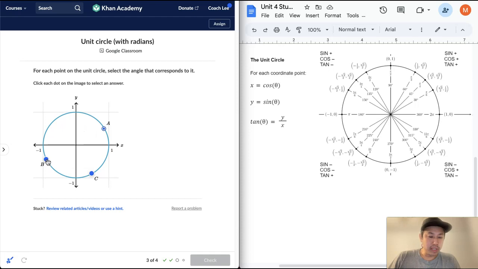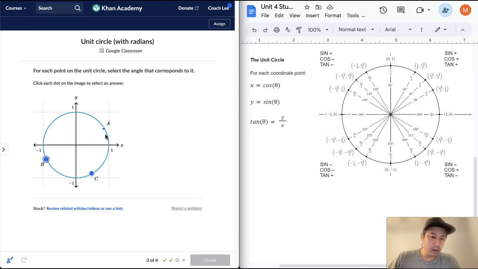B should be a little bit above pi. So which is the only one that makes some sense here? Probably 8 pi over 7. 7 pi over 5 is also a little bit above pi, right? If we go fifths, 1, 2, 3, 4, 5, 6, 7. 7 pi over 5 is probably closer to here, versus your 8 pi over 7, let's break pi into sevenths.